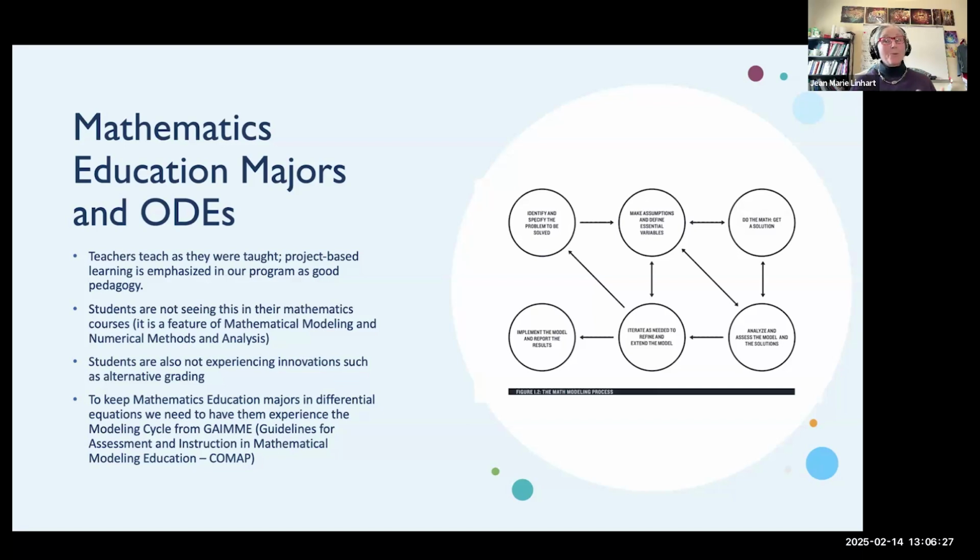And frankly, we need these students in our courses, or we're not going to be able to run these courses. So we really need students to see what I've got pictured right here, which is the mathematical modeling cycle. And this is from the Guidelines for Assessment and Instruction in Mathematical Modeling Education. That's a publication of COMAP, the Consortium on Mathematics and its Applications. So we need them to see that.